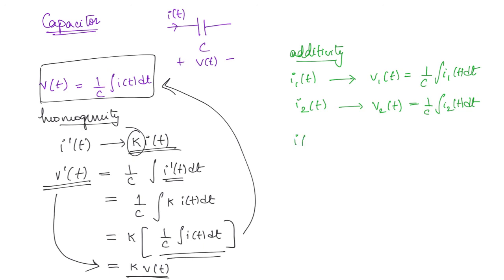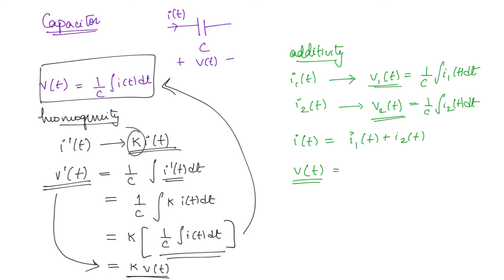Now for an input I of t which is equal to the sum of the two inputs I1 of t and I2 of t, you have to find out the voltage. This voltage should be equal to the sum of V1 and V2. So let's see if that is satisfied.